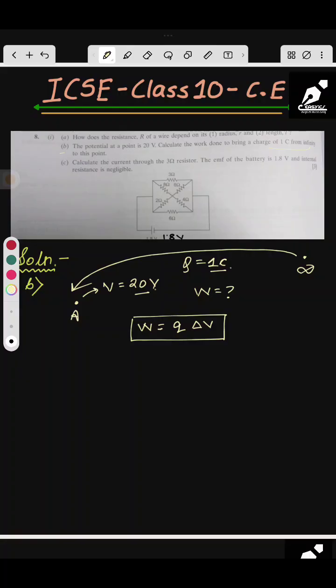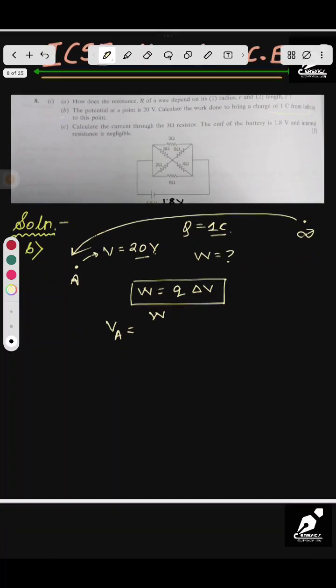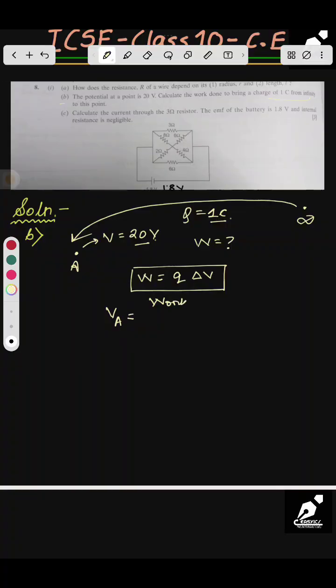Or in other words, you can also say the potential at any point A is the work done in bringing a charge from infinity to A, divided by per unit of charge.